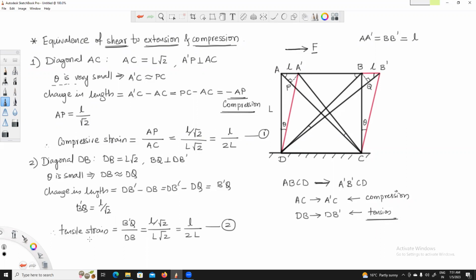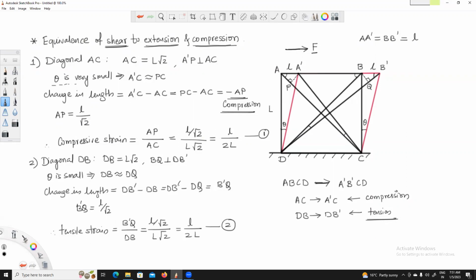Similarly, the other diagonal, which is under tension, has produced an equal tensile strain. Now if you look at this figure, this distance A dash is l, and the other distance AD is L. I'm going to erase this figure.